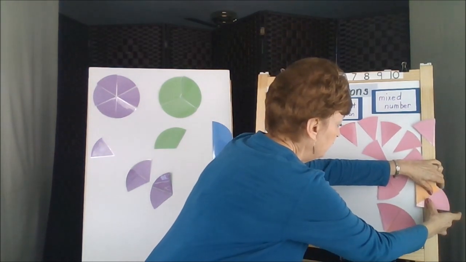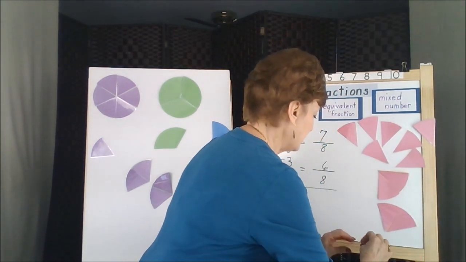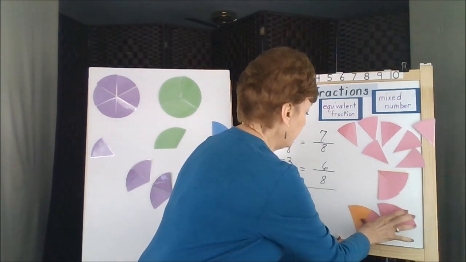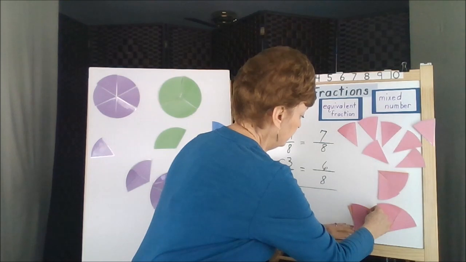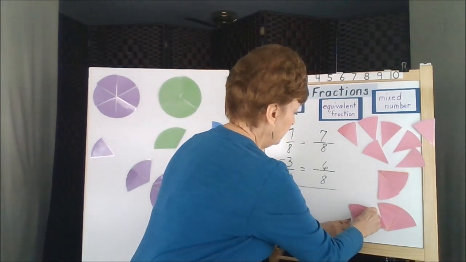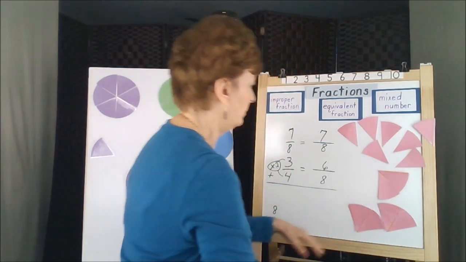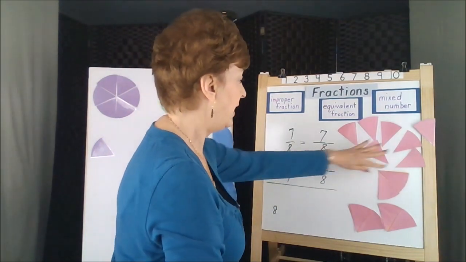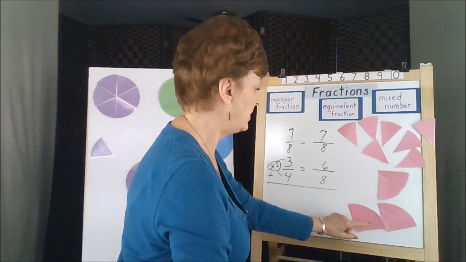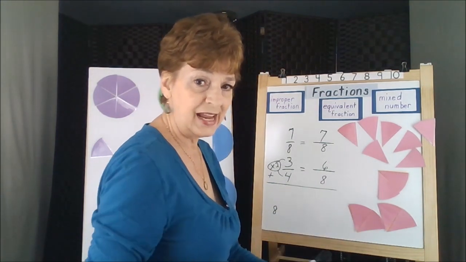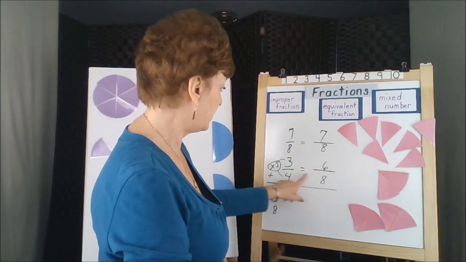Oh, that doesn't want to stay on either. Okay, we'll just put it here. 5 and 6. So I have 7/8 here, and I have 6/8, 1, 2, 3, 4, 5, 6, that I changed the fourths into eighths.